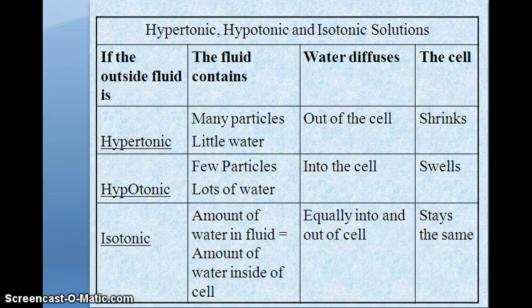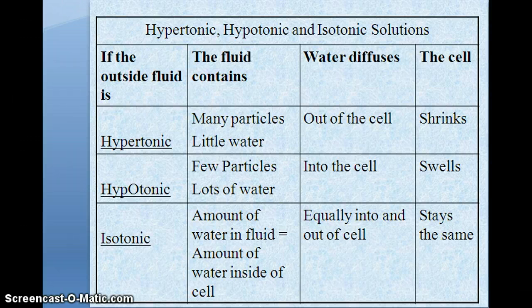So therefore, the water wants to move from the solution into the cell, from an area of high to an area of low, and therefore it swells. This is the example where the gummy bear became extremely large. All we did was put it in a solution of water and it became 3 times the size.